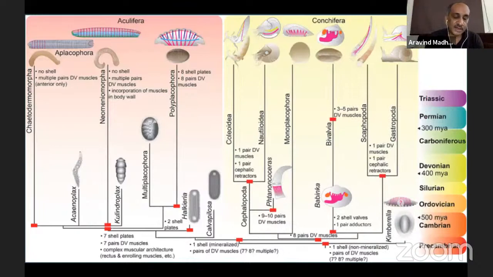So these freshwater and terrestrial mollusks, both bivalve and gastropoda, evolved around 400 million years back. That's around the Devonian. Bivalves probably much later, around the Permian. They are much, much older than most of the vertebrates you see around us. So these are really old lineages, and thus deserve to be studied and conserved.